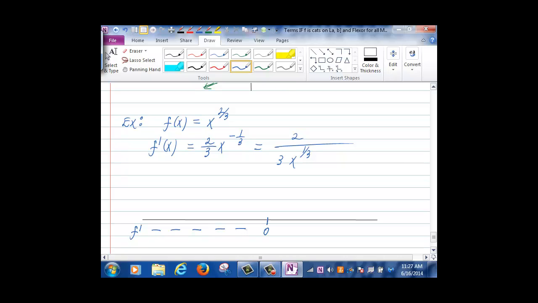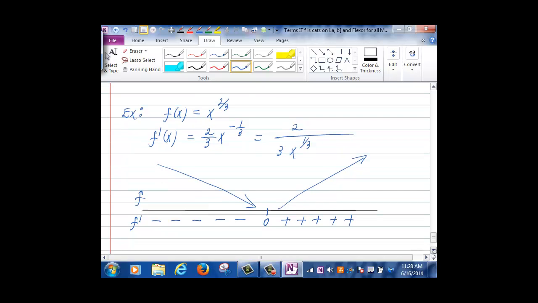Whenever x is greater than 0, x to the 1/3 is positive, so the derivative is positive here. Is everybody okay with that? So then I could say that the function f is decreasing from negative infinity to 0 and increasing from 0 to infinity, right? Is everybody okay with that?